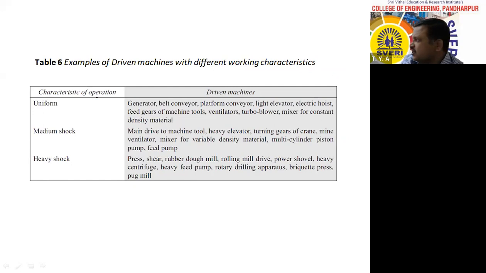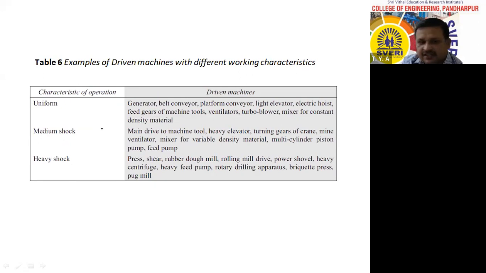Characteristic of operation and driven machines. First is uniform characteristic: generator, belt conveyor, platform conveyor, light elevator, electric hoist, feed gears of machine tools, ventilators, turbo blower, mixer for constant density material.